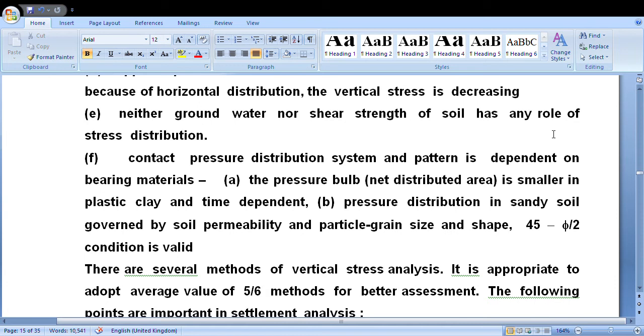It will be distributing both horizontally and vertically, and the distribution angle will be approximately equal to 30 degrees. Pressure bulb net distributed area is smaller in plastic clay and is time dependent. Pressure distribution in sandy soil is governed by soil permeability and particle grain size and shape. That is, the 45 degrees, 5 by 2 condition is valid.